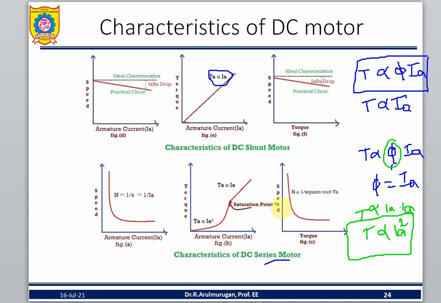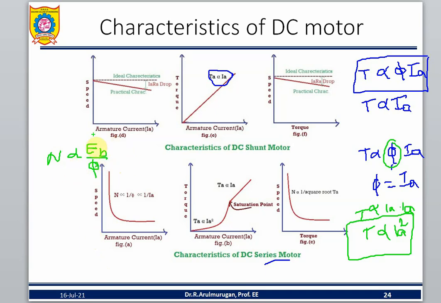So this is a torque equation. Then what about speed? Speed equation: N is directly proportional to Eb divided by phi.